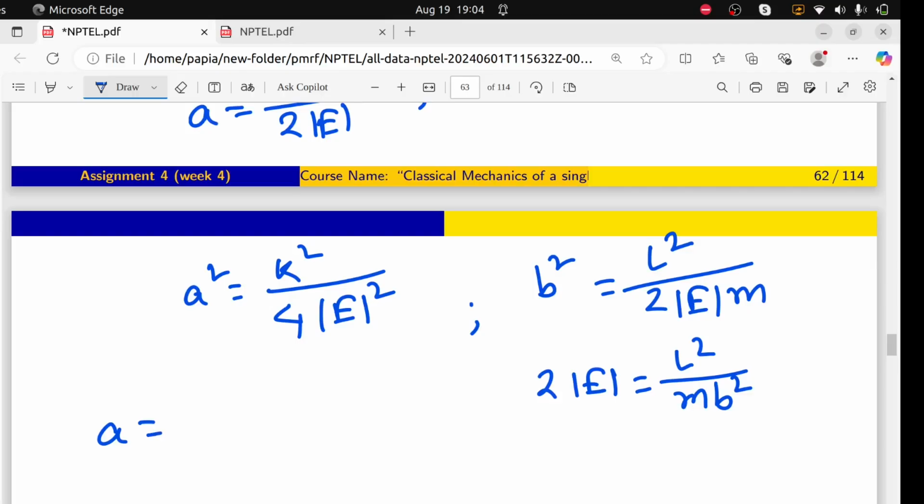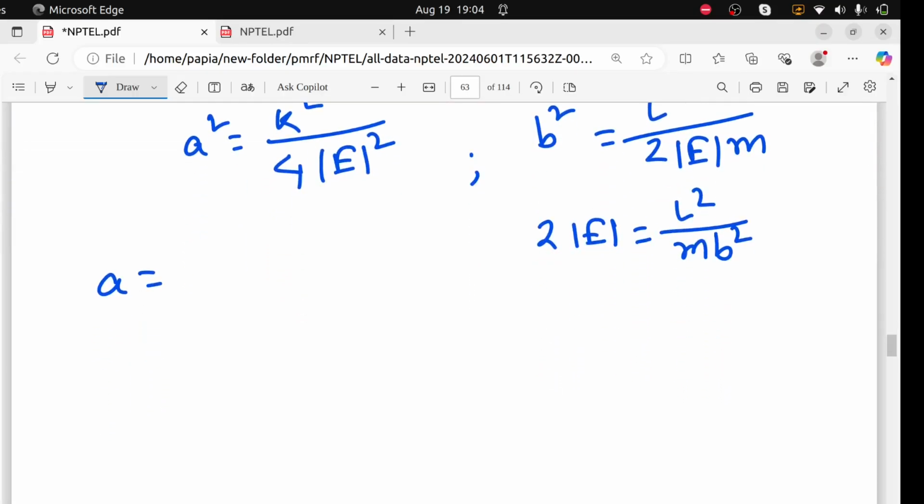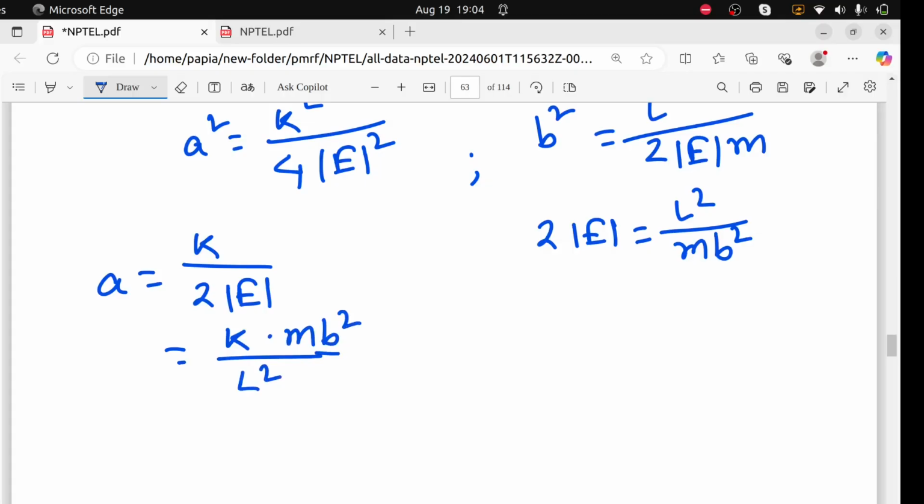And A was K by 2 mod E. So I can write here K by L square into M B square.